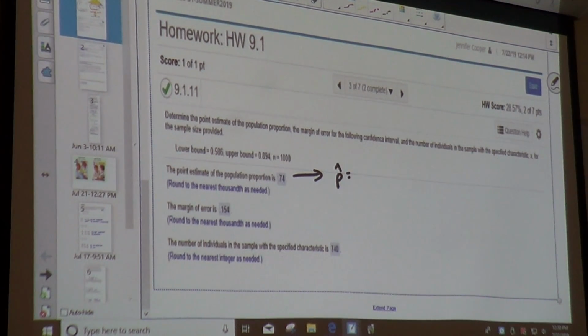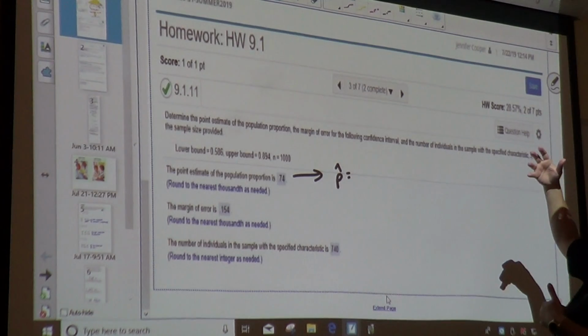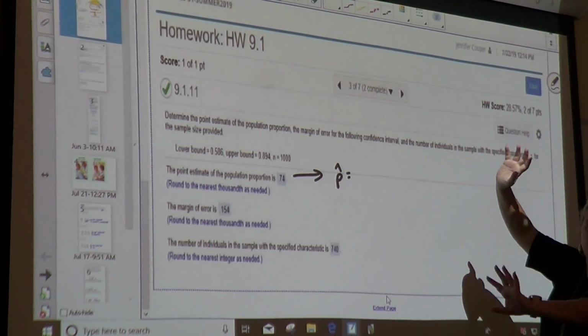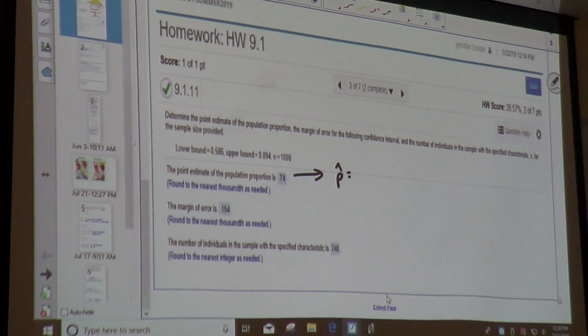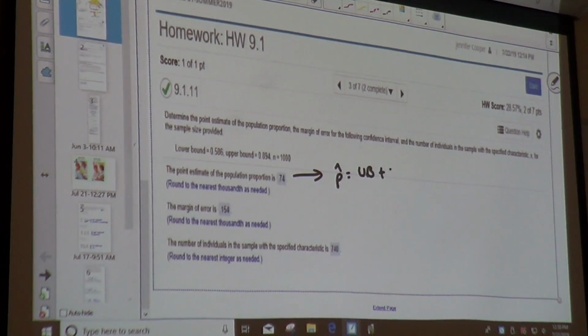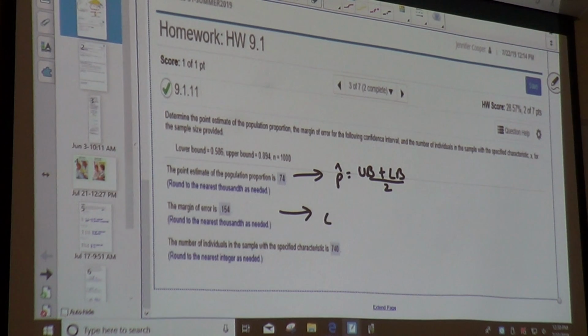Normally I tell you that the p-hat is going to be x over n, like 240 over 400 or whatever, but we don't have that. So the way that we're going to find our point estimate is you're going to do upper bound plus lower bound divided by 2. And your margin of error is upper bound minus lower bound divided by 2.